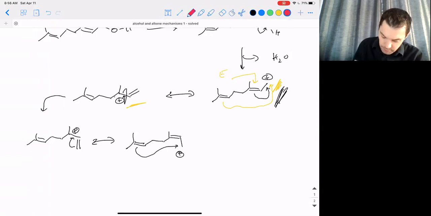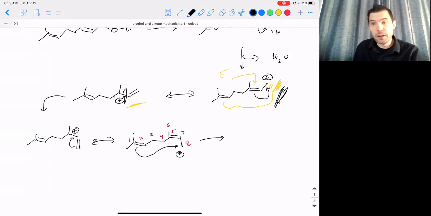Now I'm just going to add some numbers in here to make sure that we have our system correct. Make sure that we don't goof at all drawing the product. And by the way, that's something I encourage you to do as well. It'll help you from making an accidental mistake.